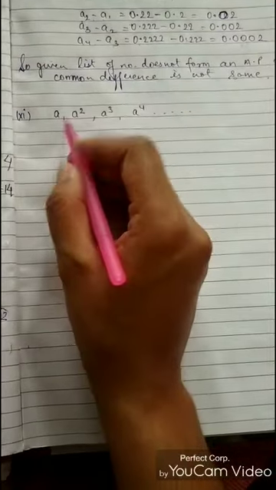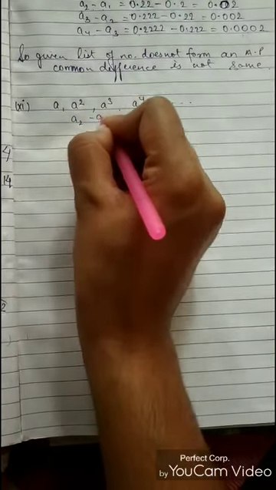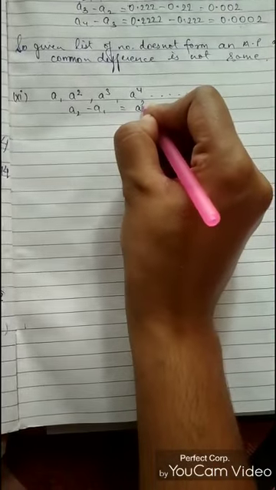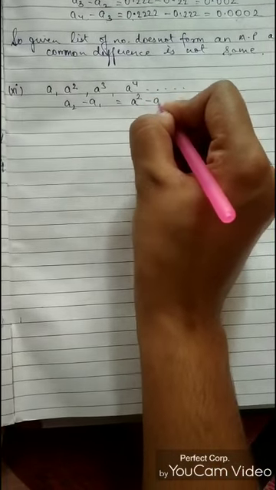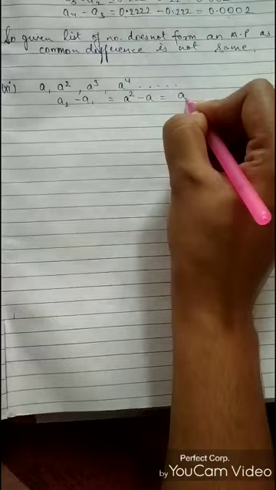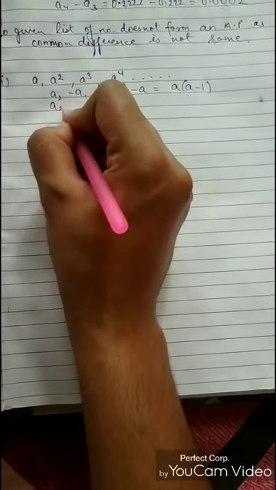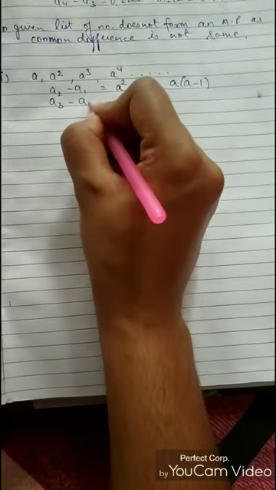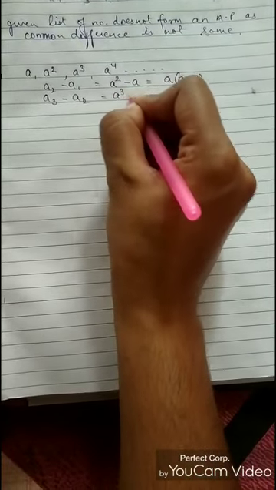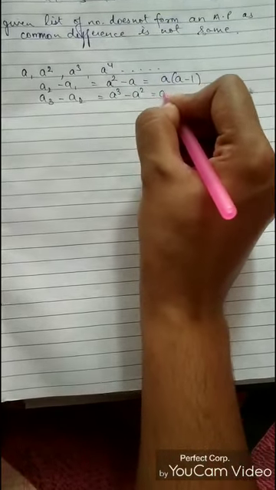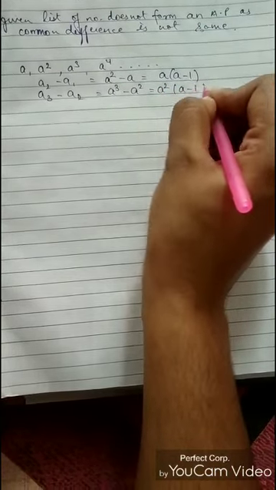So here A2 minus A1, that means A square minus A. So take A common, you will get A minus 1. A3 minus A2 will give you A cube minus A square, that is A square, A minus 1.